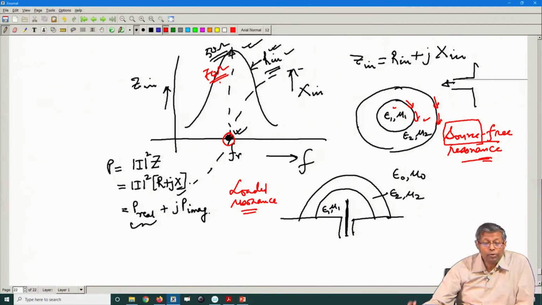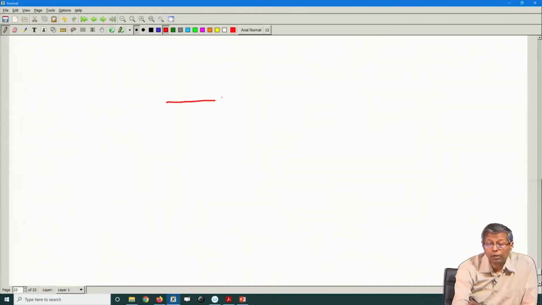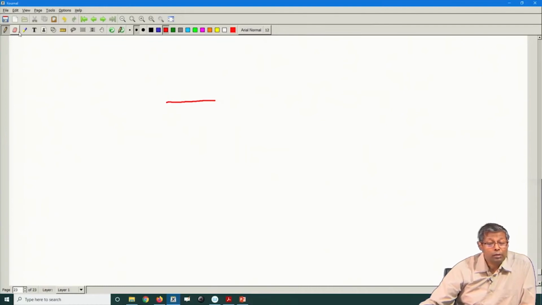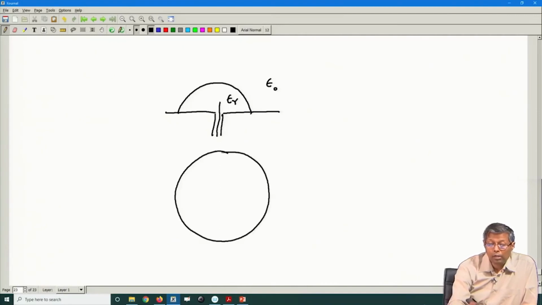In fact, we can work with even a single layer. We can take a single layer of antenna, epsilon r epsilon naught, and we have a single layer.